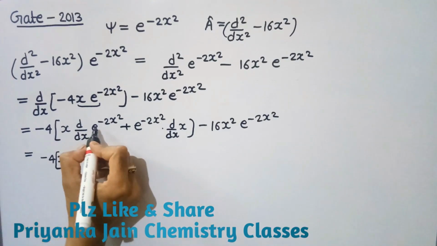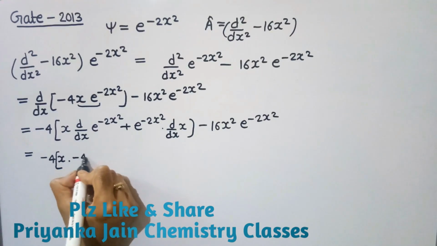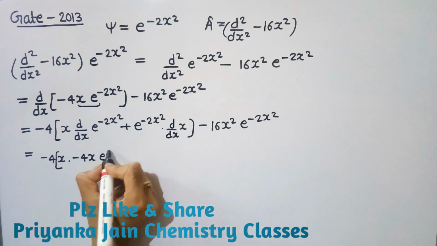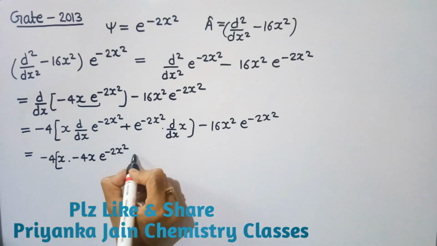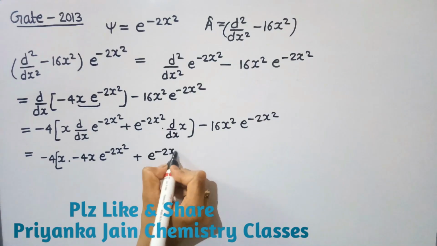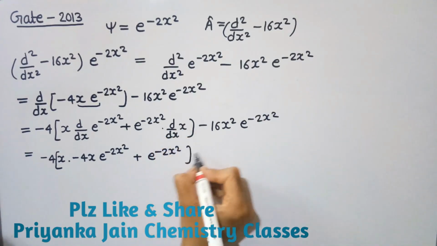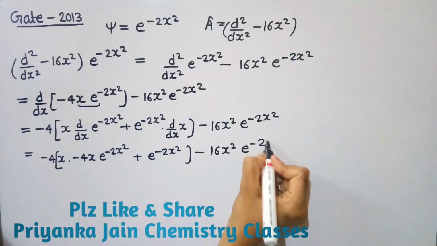So it will be equal to, firstly put here the bracket and do this again. This will be equal to minus 4x e to power minus 2x square plus this will be e to power minus 2x square. This is equal to 1, and then write here 16x square e to power minus 2x square.